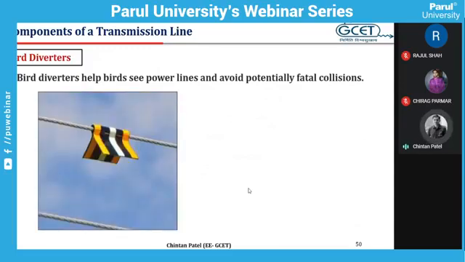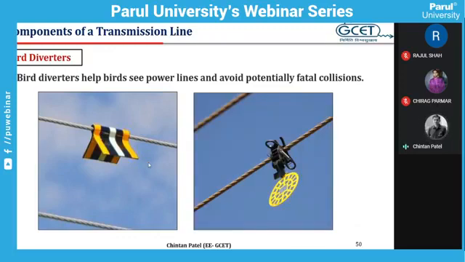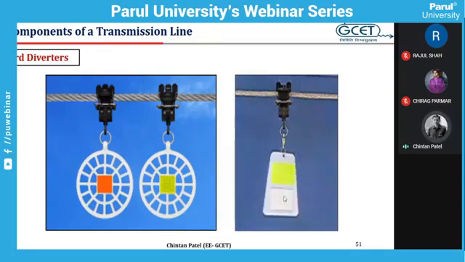This type of marker is provided on the conductor, and these are visible from a distant place. So the bird can identify that a certain object is there, and they will change their elevation. This is another type of bird diverter. It is free to rotate, and you can see different designs of bird diverters.